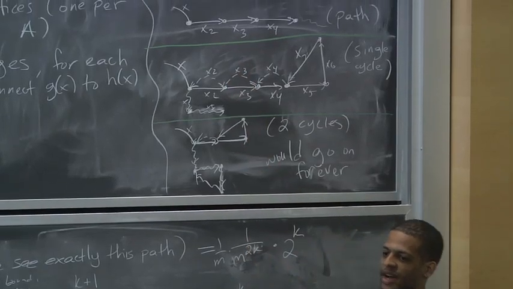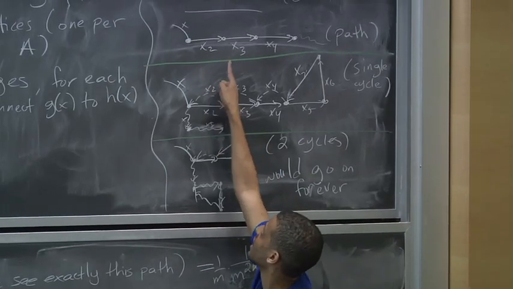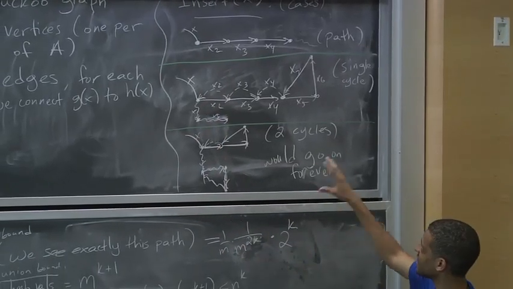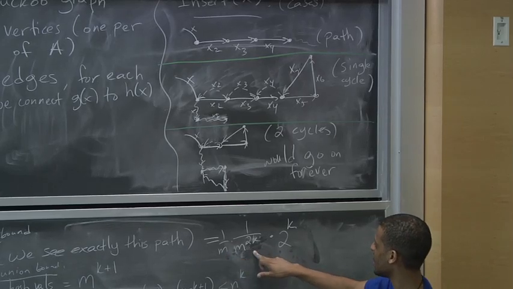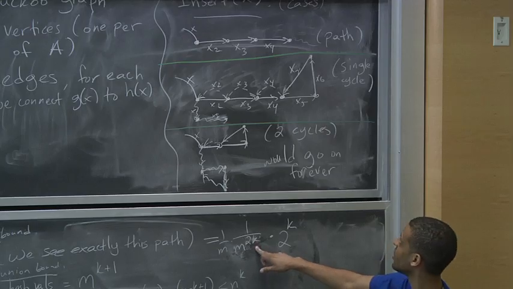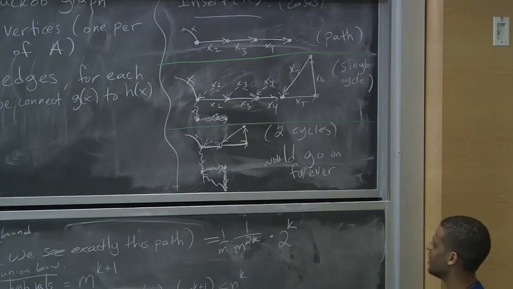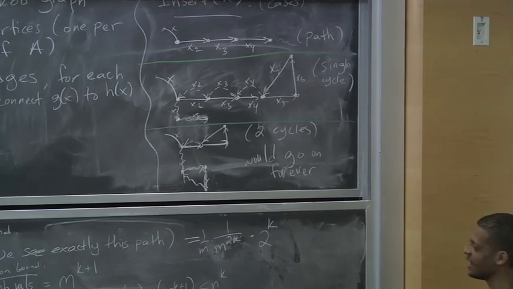But it could also be the other way around. This could have been h and that could have been g, right? So there are two choices. So the probability of seeing exactly this configuration is 1 over m for x landing there with g times 1 over m squared to the k for everybody else times 2 to the k. Okay. And then now we need to union bound over all possible configurations that look like that.